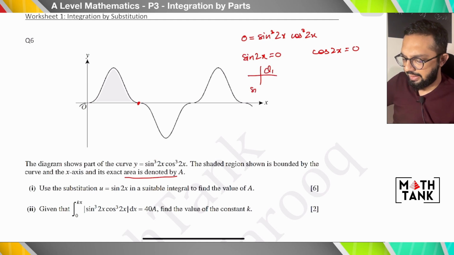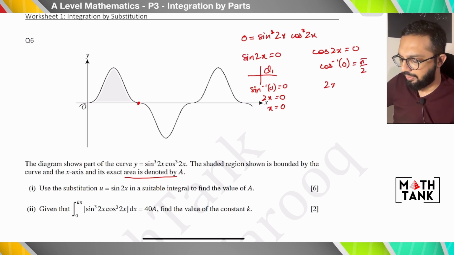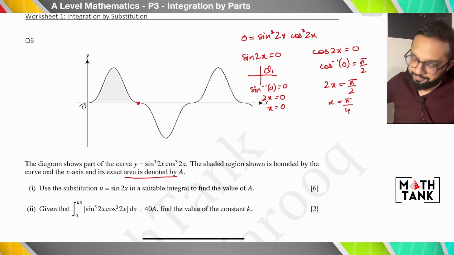So sine inverse of 0 is 0. So 2x equals 0, x gives me 0. The next x will be pi, and I don't think pi over 2 should be the right answer, but let's check here. When is cos 2x equals 0? Cos 2x equals 0 when I say cos inverse of 0. The calculator tells me that the answer is pi over 2, so 2x equals pi over 2, so x is therefore equal to pi over 4.